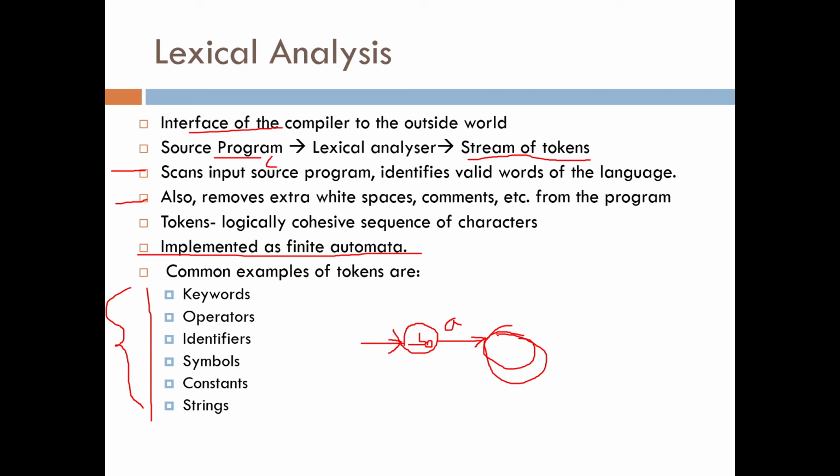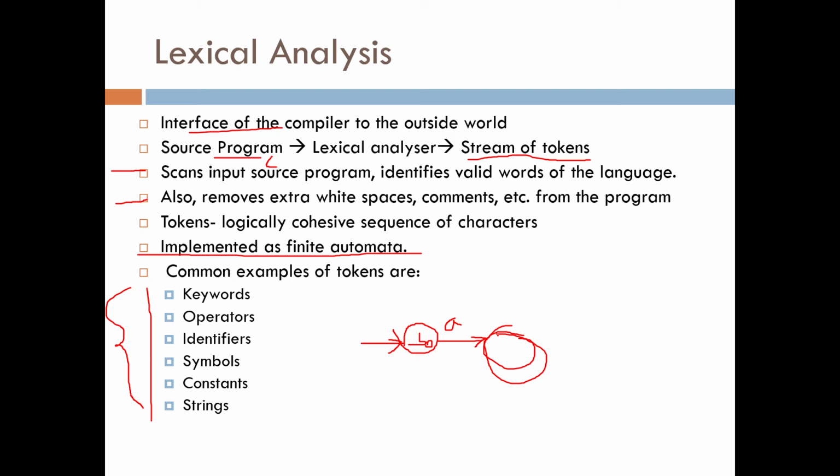It does not know whether the incoming word is a token; everything is scanned character by character. Say I have void in the program. It will first scan V, then O, then I, then D, and then comes a space.